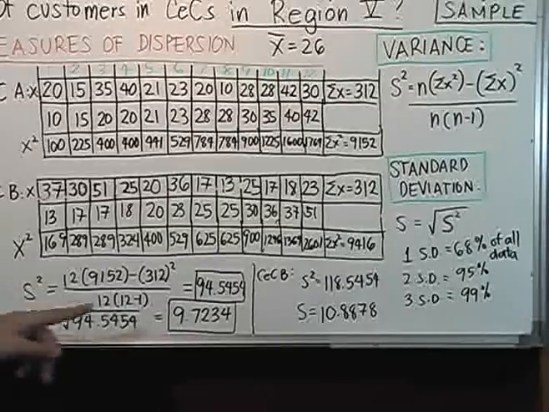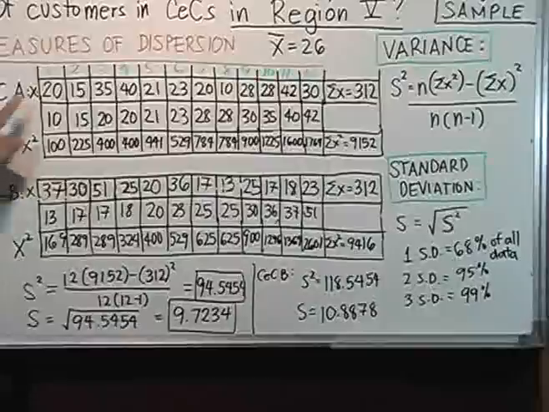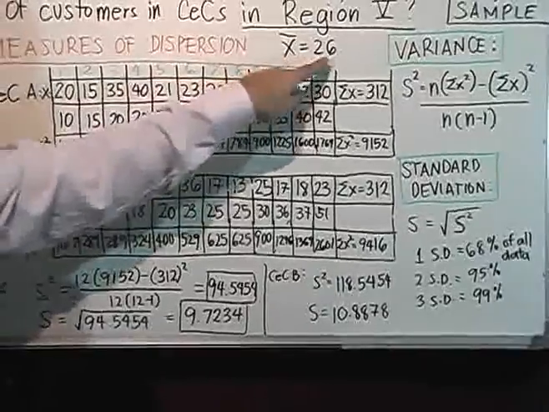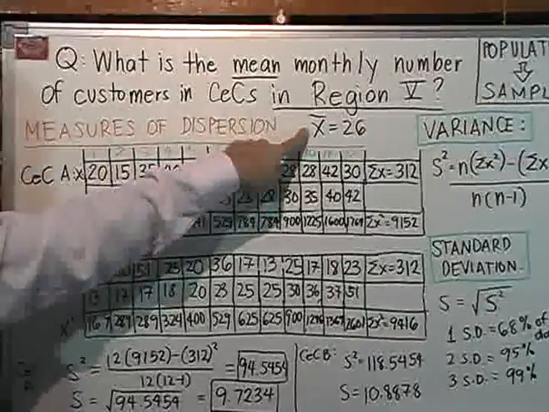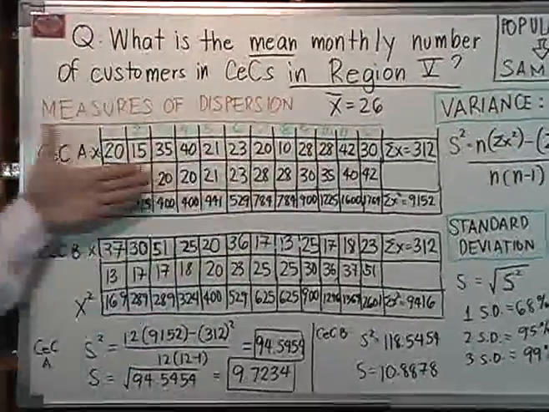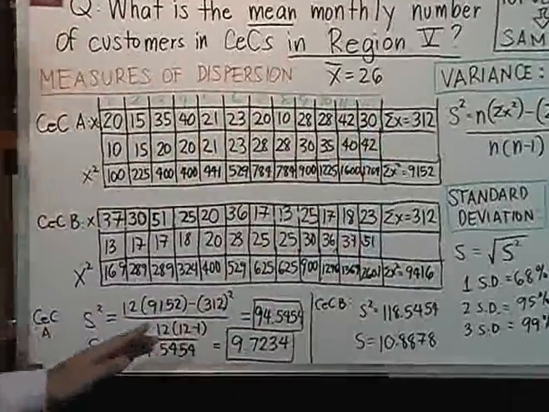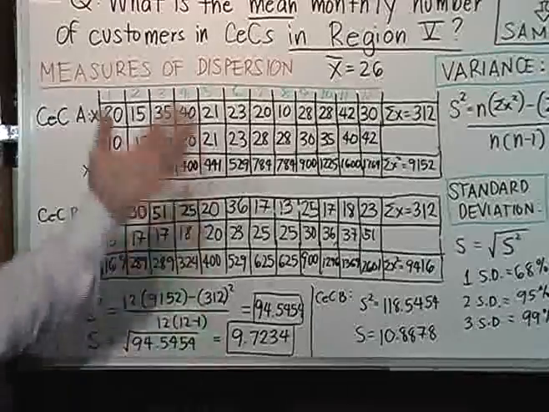So what does this mean? Although for CECA you have a mean of 26, a mean monthly number of customers of 26 in one year, the level of spread of the different observations is that there's a plus or minus on both sides.